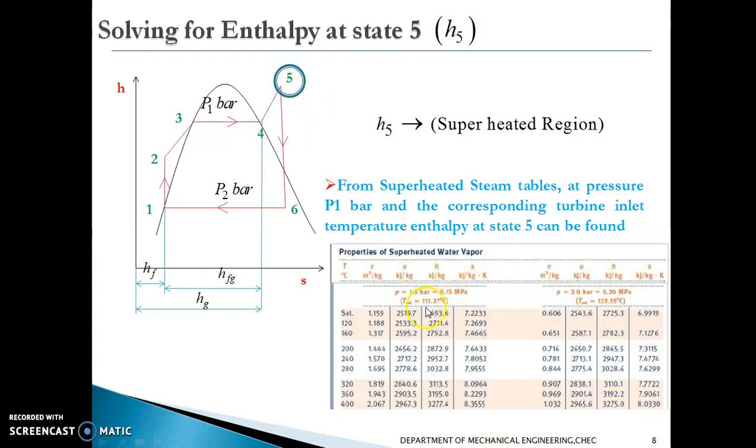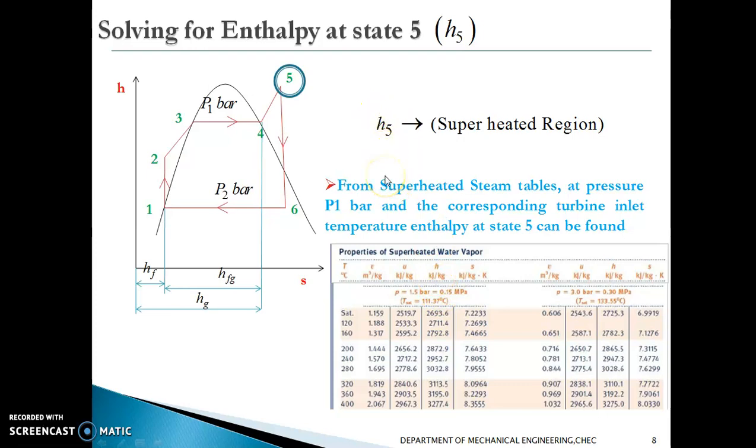If, for example, P1 is 1.5 bar, then for 1.5 bar at a superheated temperature of 320 degrees centigrade, the enthalpy value is 3113.5 kilojoule per kg, which is the value of h5.